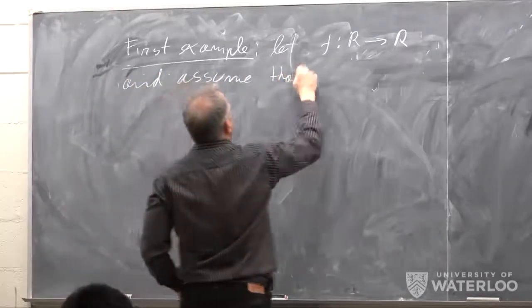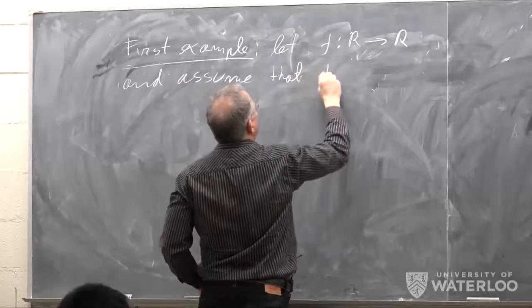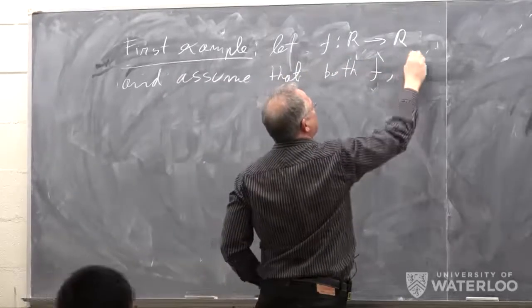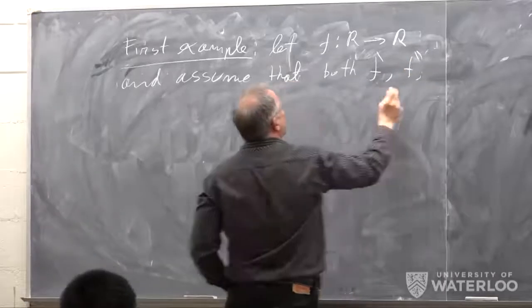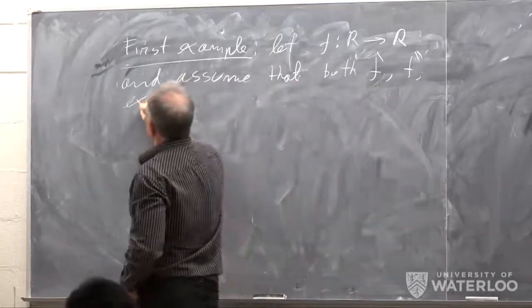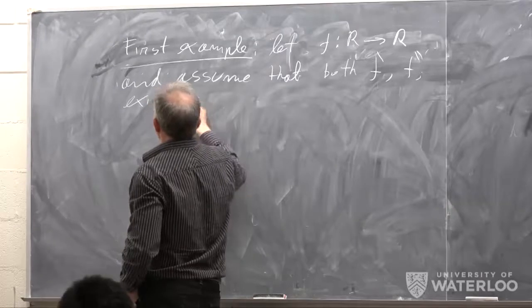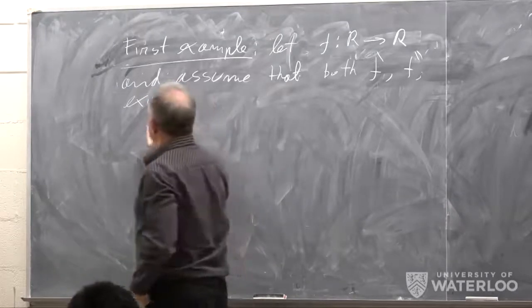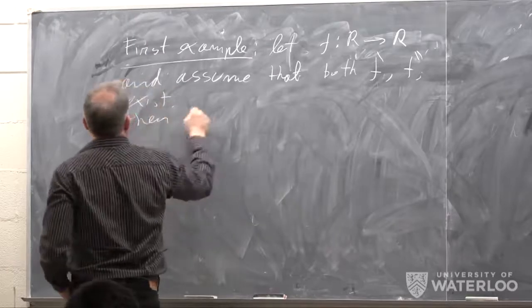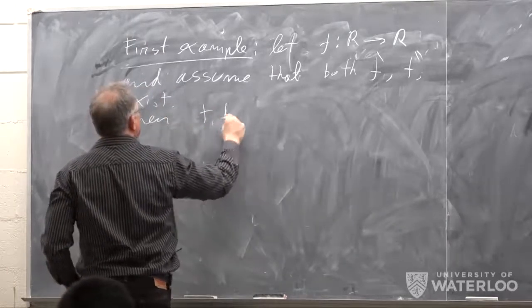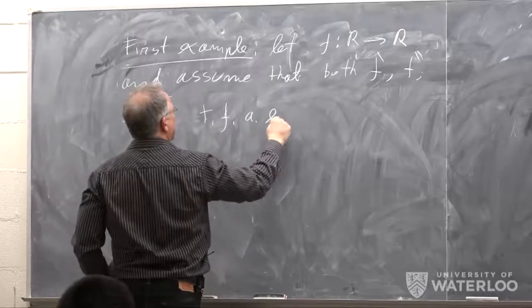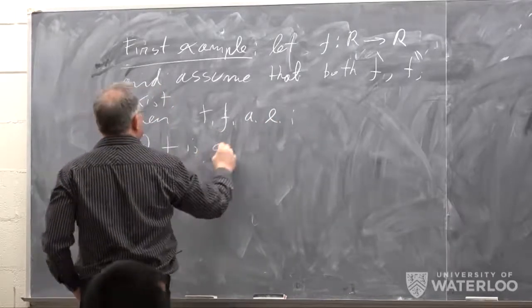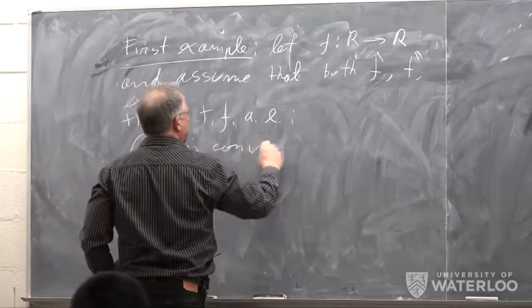and assume that both the derivative and the second derivative of f exist. Then the following are equivalent. One, f is convex.